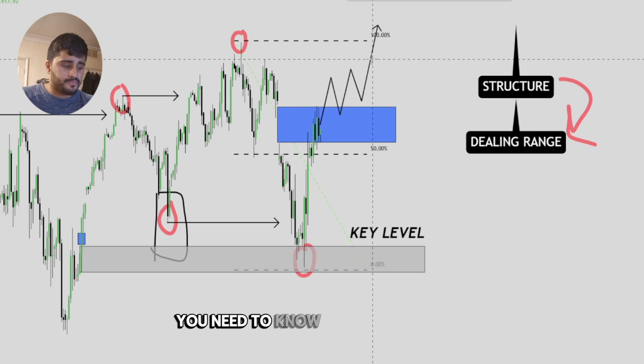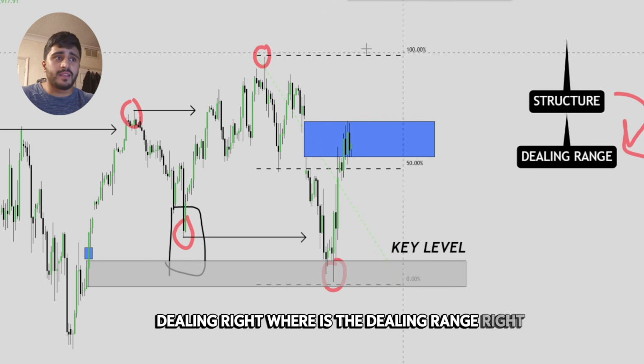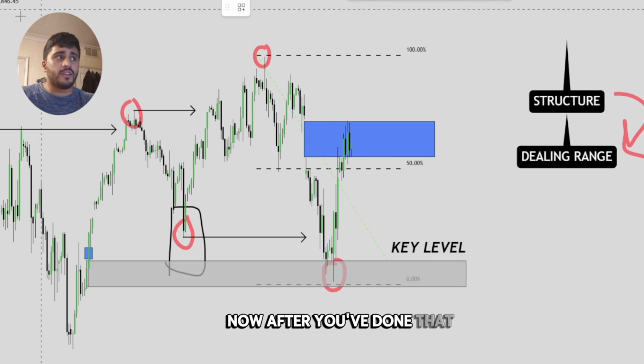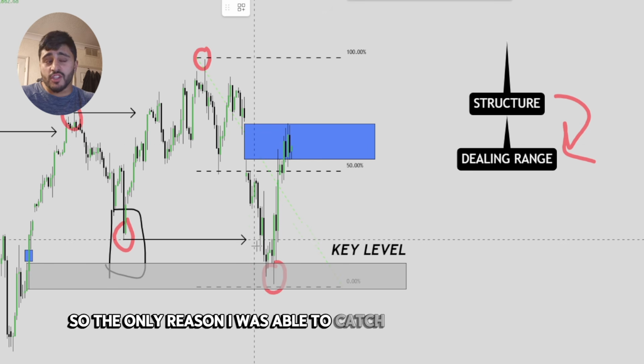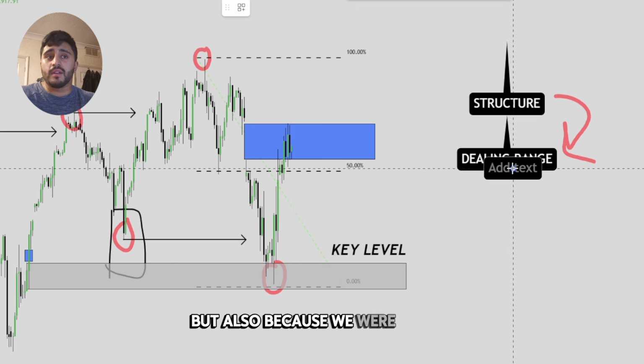You need to know where the market is dealing. Where is the dealing range? Where's the high and low? Where are you trading from? Now, after you've done that, you need to get good at premium and discount. The only reason I was able to catch longs from here is, yes, because of the absorption, but also because we were in discount.